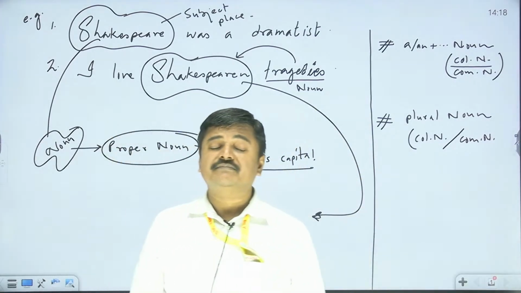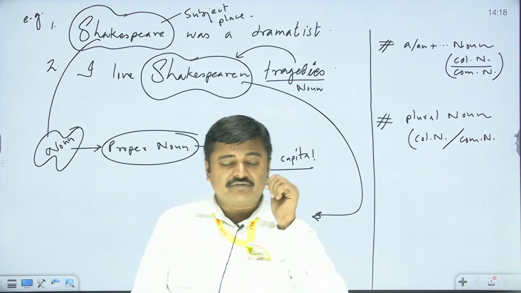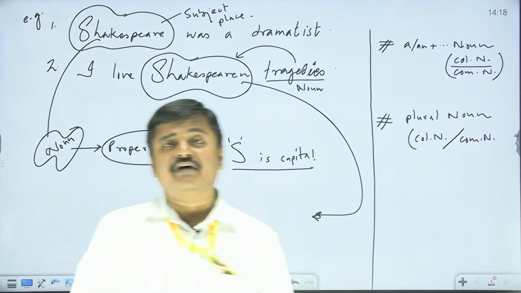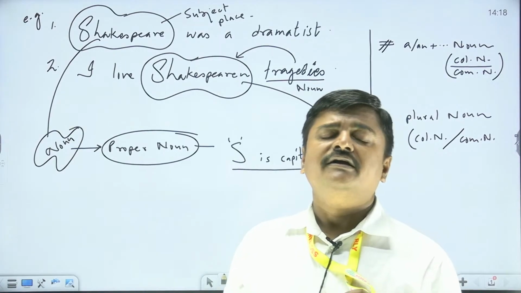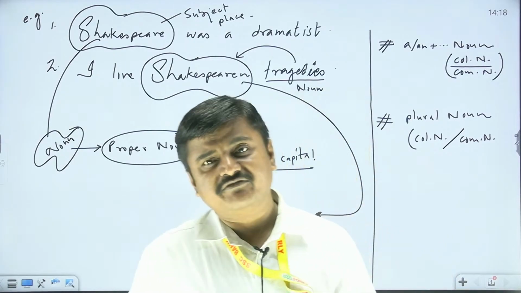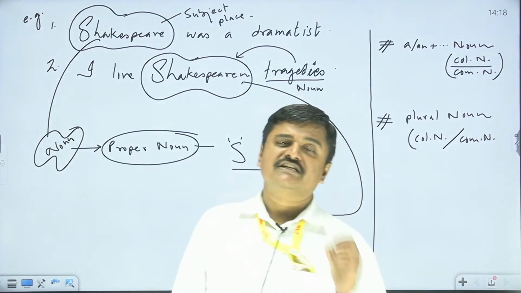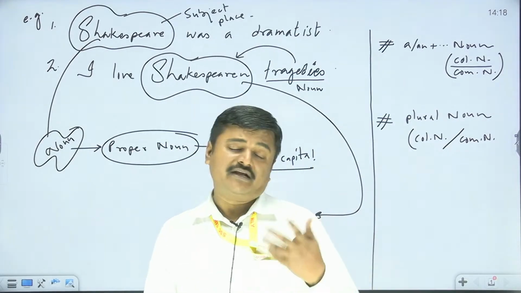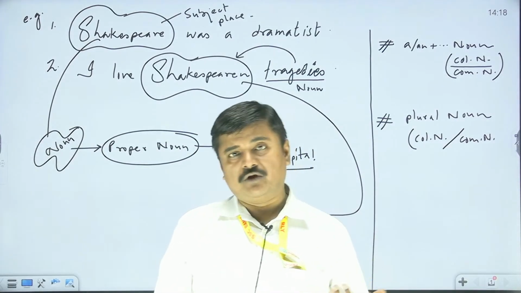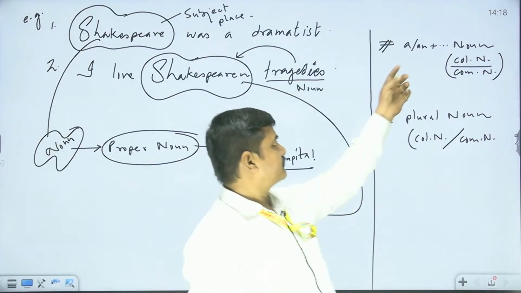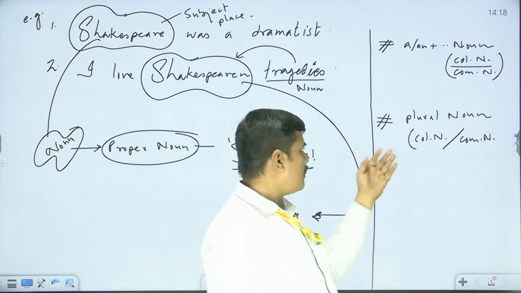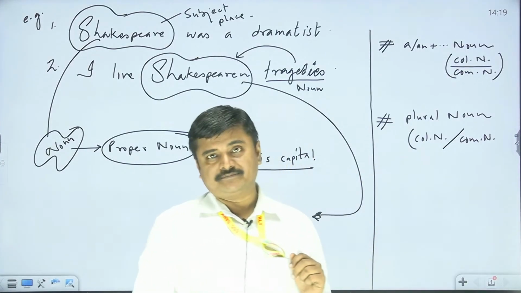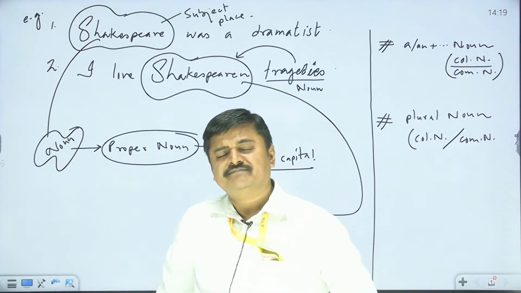This is a trick that can help you to identify a collective noun and a common noun, but we are not focusing on collective nouns, we are not talking about them, just leave it. If a or an is there, or if the noun is plural, there can be only two kinds of nouns.